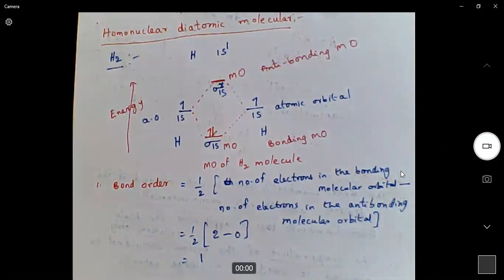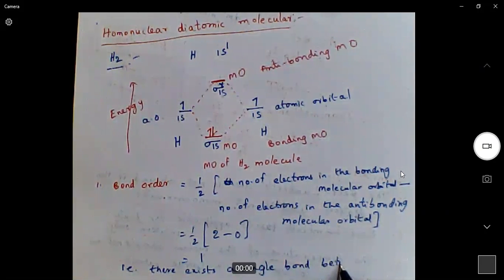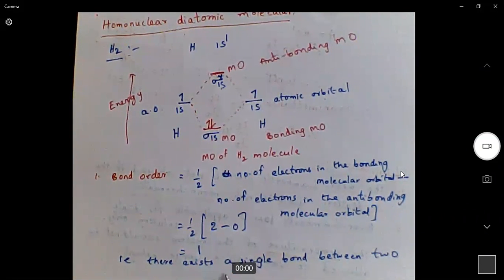When we say the bond order is 1, it means there exists a single bond between the two hydrogen atoms in the hydrogen molecule.